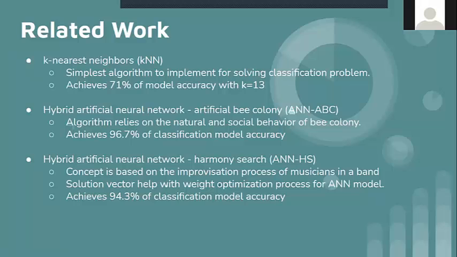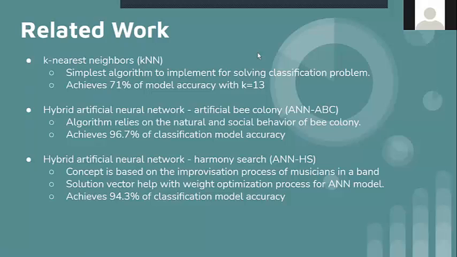Some of the related work is from the paper that we're using. They use artificial neural networks and different optimization techniques. The first one is the k-nearest neighbor technique. This is the simplest algorithm to implement for solving classification problems. The solution is determined by identifying the nearest neighbors to the query example and using those neighbors to determine the class of the query.